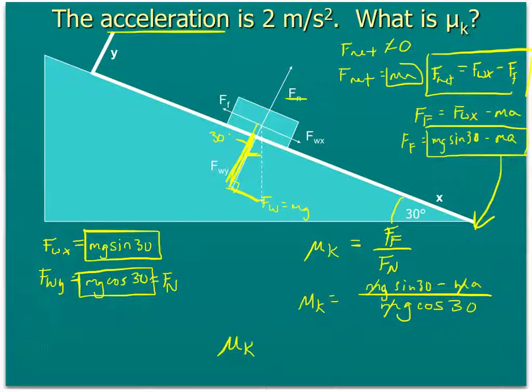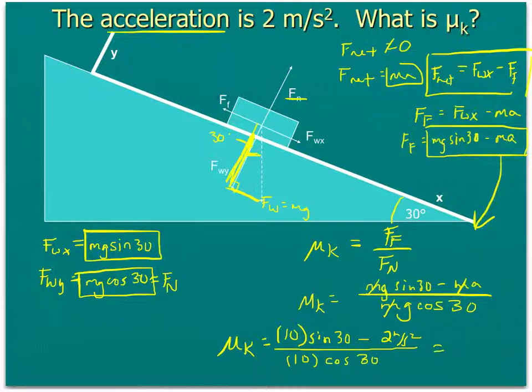So mu k is equal to g, 10 meters per second squared, times the sine of 30, minus an acceleration of 2 meters per second squared, which is given to us, divided by the quantity 10 times cosine of 30.